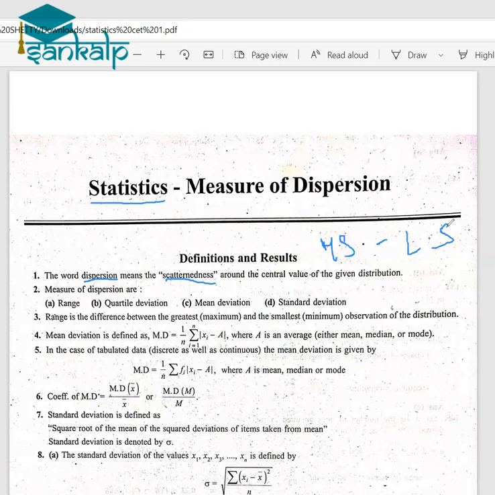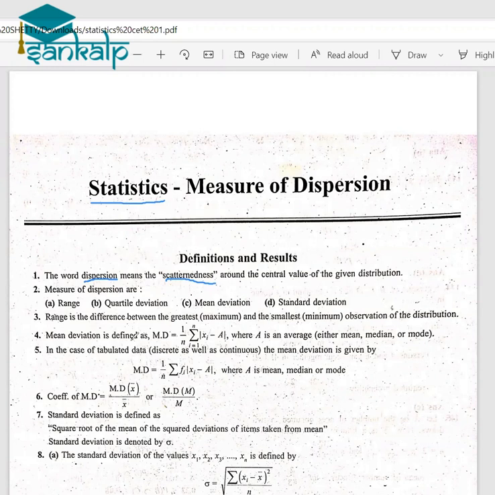Next, quartile deviation. It is used to obtain the score when we divide the given information into four quarters. And then the next is mean deviation.